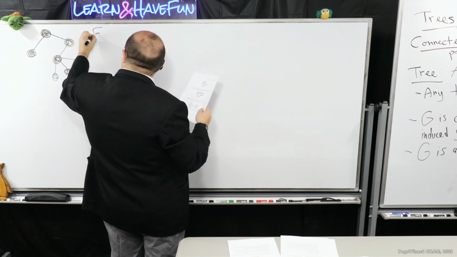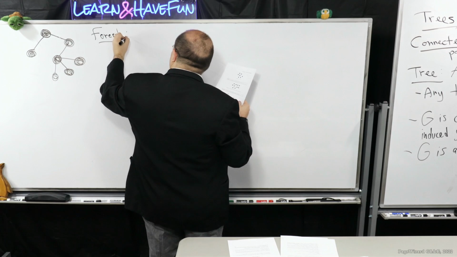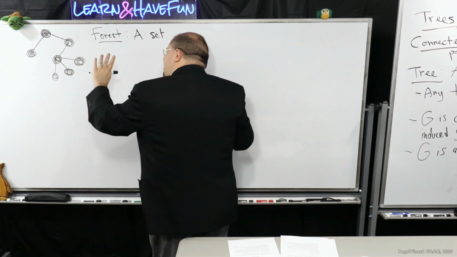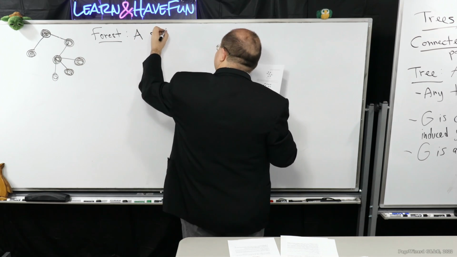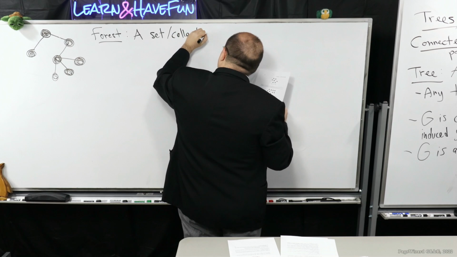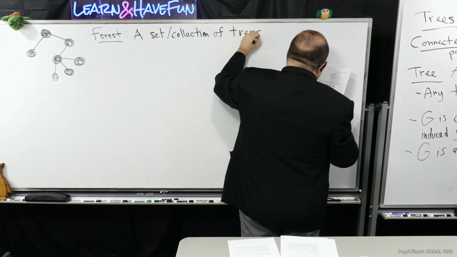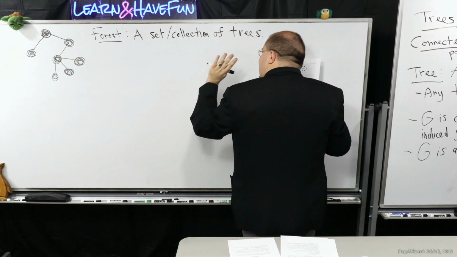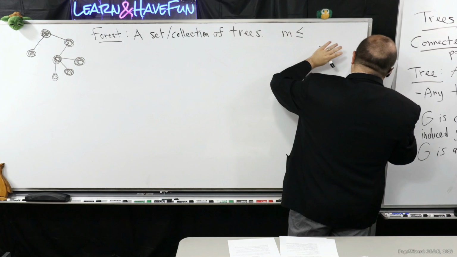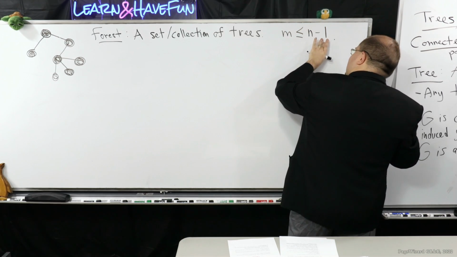A forest, however, is a set or collection of trees. So suppose you want not just one tree, you want many of them. A set or collection of trees. So I must stress that for any forest, the relationship between the number of edges versus the number of vertices is always going to be m is less than or equal to n minus 1.